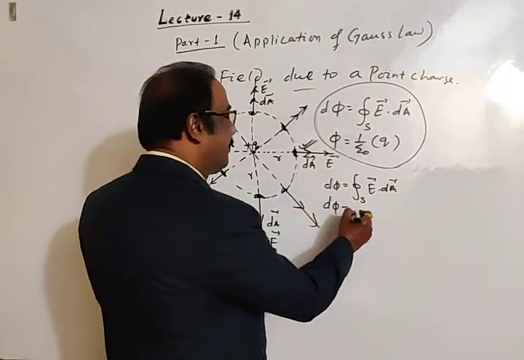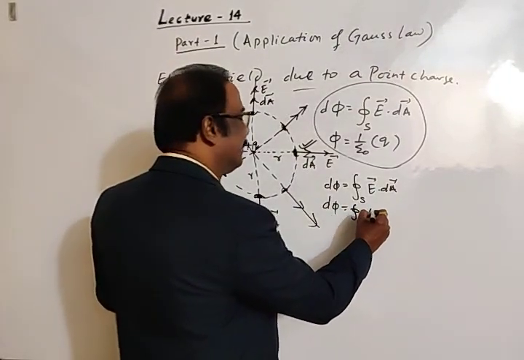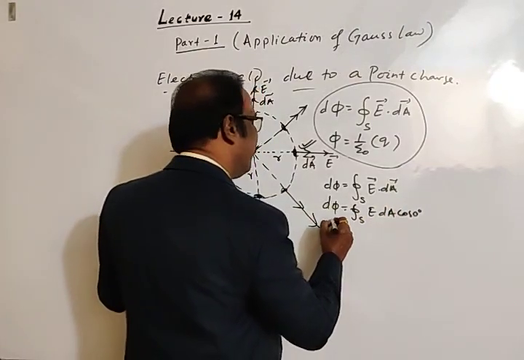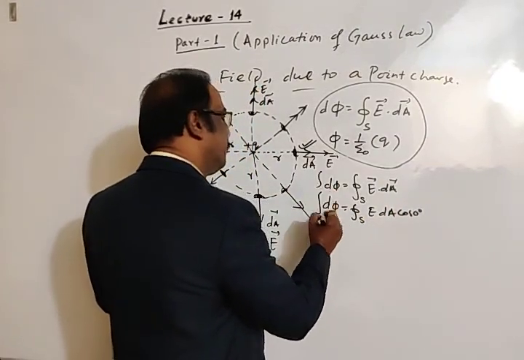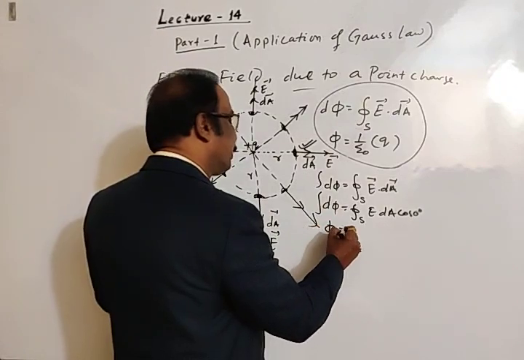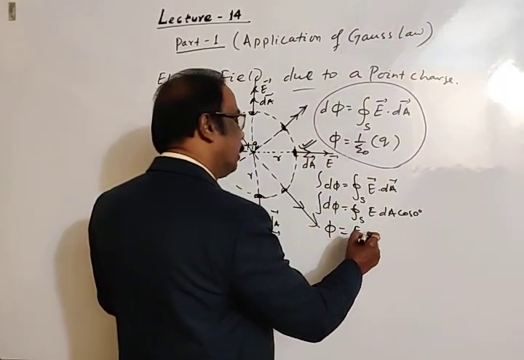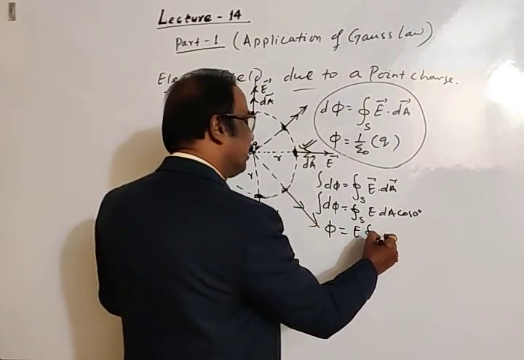Thus d phi is equal to the surface integral of E dA cos 0 degree, and integrating both sides, the integration of d phi is phi, and the electric intensity we bring outside, and the surface integral of dA.